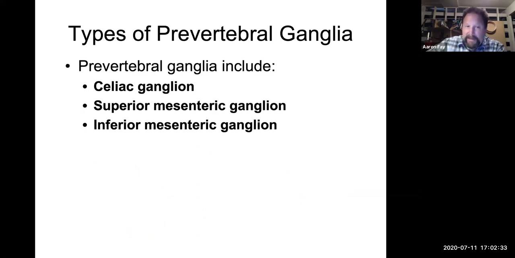Prevertebral ganglia include the celiac ganglion, superior mesenteric ganglion, and inferior mesenteric ganglion. When we get into blood vessels, some major ones in our abdominal area are called the celiac trunk, celiac artery, superior mesenteric artery, and inferior mesenteric artery. These arteries service your mesenteries, meaning your intestines. So what this is simply saying is these splanchnic nerves are going to follow major arteries. That's the major takeaway.